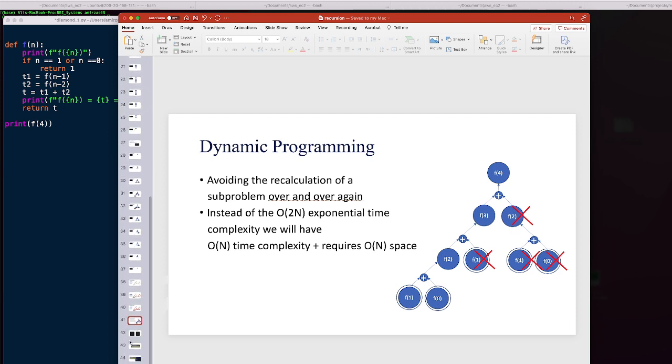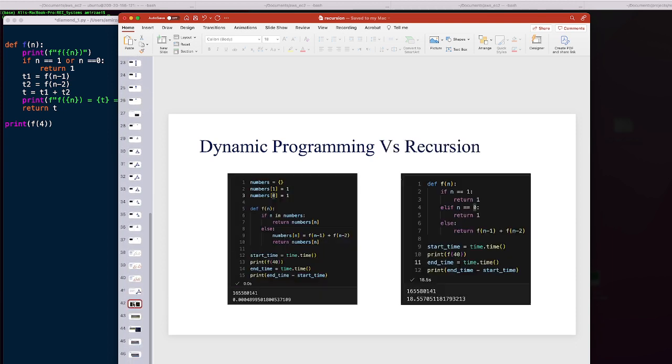To make it a little clearer, I have implemented the same Fibonacci with dynamic programming versus recursion. This was the part that we already saw. This is the same problem, but I wrote it in the dynamic programming manner. Dynamic programming also has 2 approaches: one is top down, the other is bottom up. Right now I'm solving it top down. We will get into dynamic programming later on, but here I got rid of these base cases and defined a dictionary.